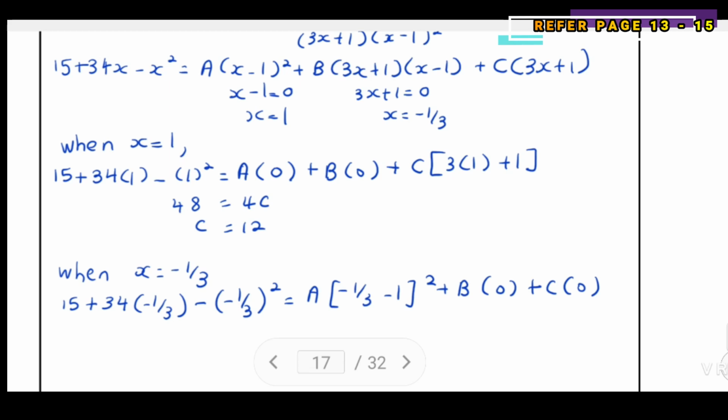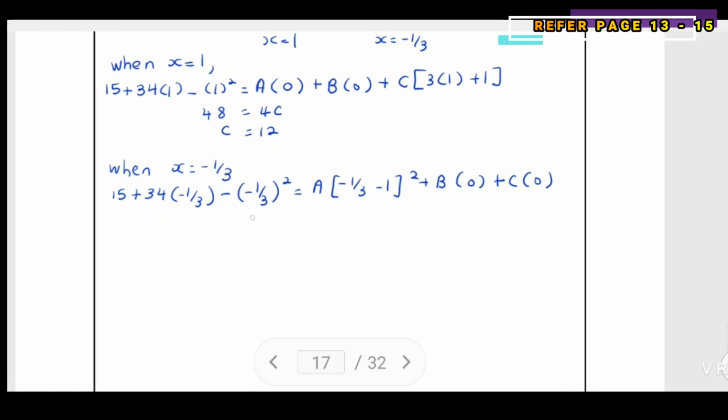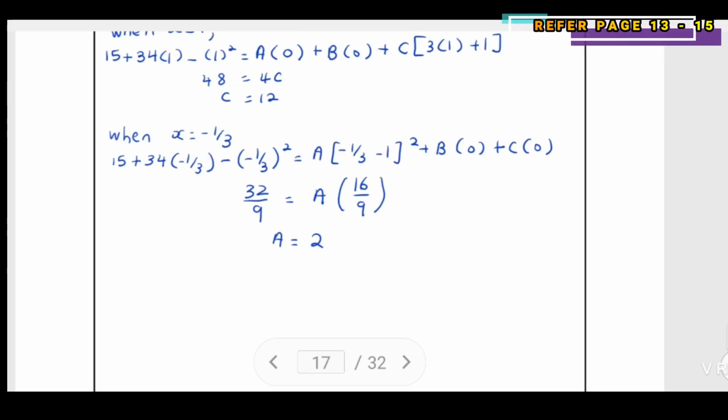So simplify the equation. We're going to get 32/9 on the left hand side, and on the right hand side we have a times 16/9. So a equals 2.